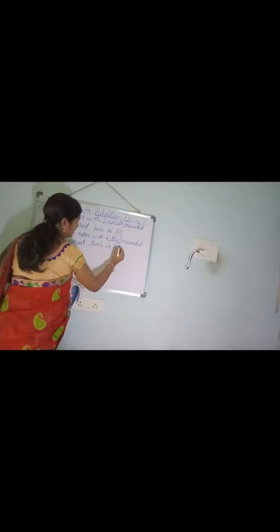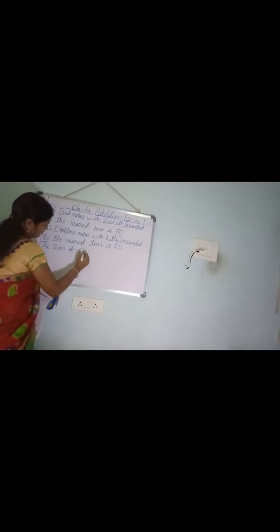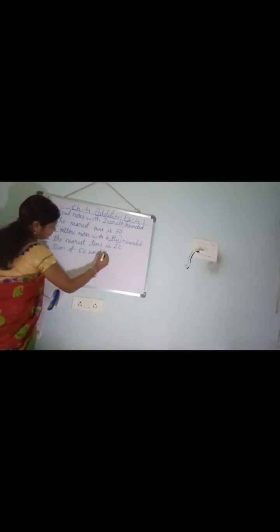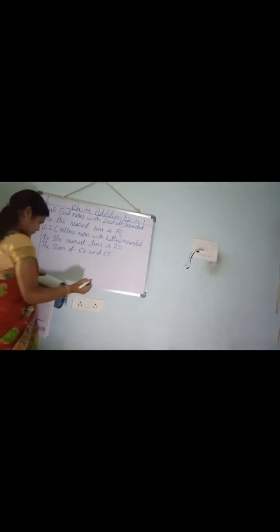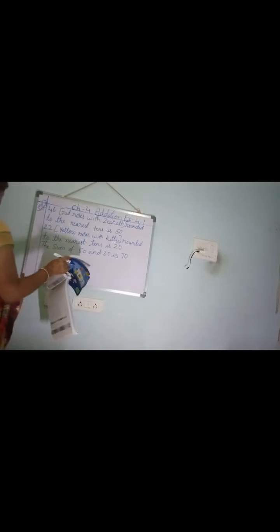See, 22 nearest, what is that? 20. Yes. Now the sum of 50 and 20 is 70. Yes, 50 plus 20 is 70.